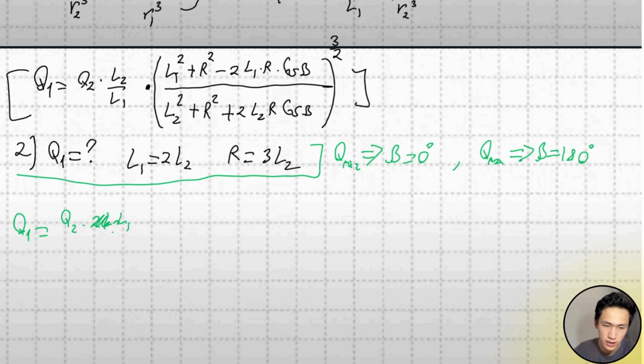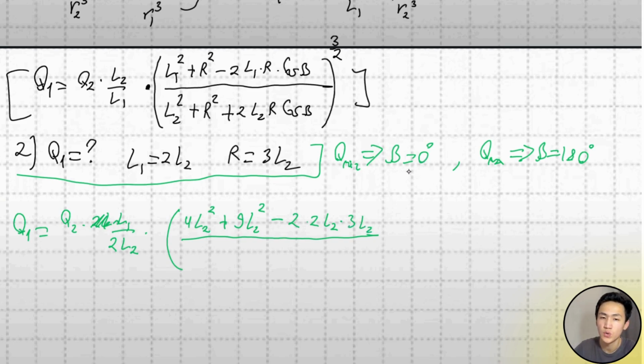L2 over L1, and then 4 L2 squared plus 9 L2 squared minus 2 times 2L2 times 3L2, and cosine of 0 is 1. It gives us 1. Put here also the same.